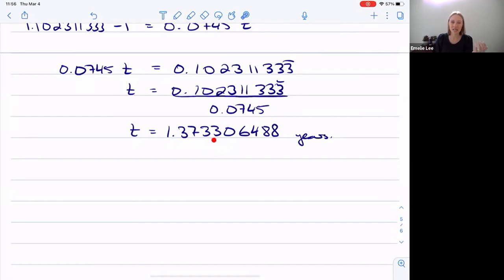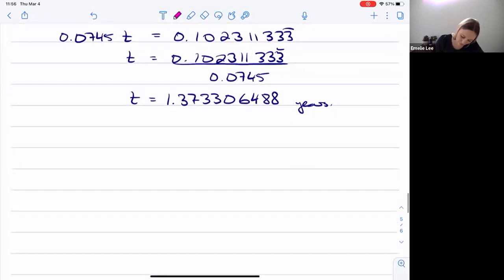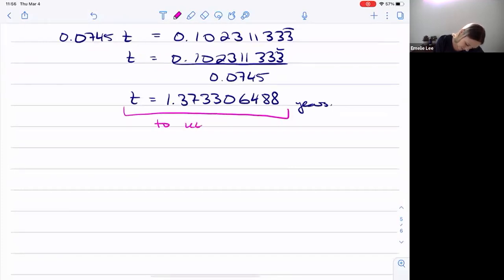Years is how many days? Because I need to find the number of days to use the days between dates calculator. So I need to convert this to days.